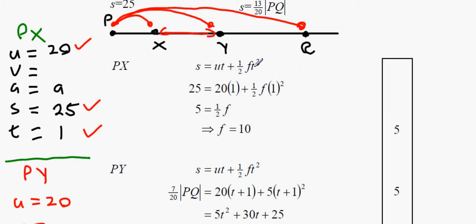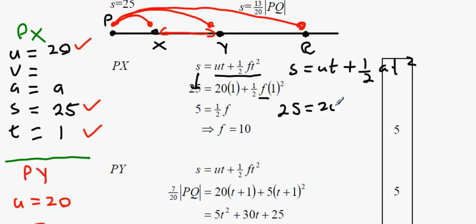This therefore means we use s equals ut plus a half at squared. We just plug in our numbers, s being 25, u being 20, t being 1. We don't know what the acceleration is, so the whole point of this question is to get a on its own. So we're going to end up with 25 equals 20 plus a half a. Bring the 20 over the other side, and we get a half a equals 5.